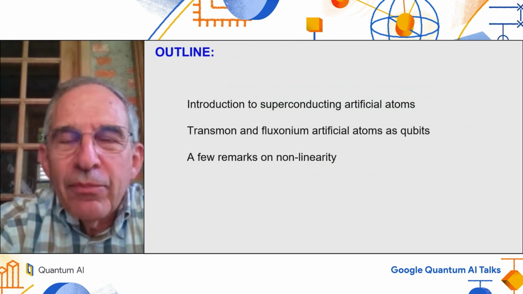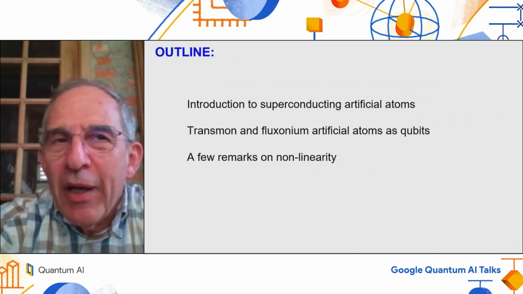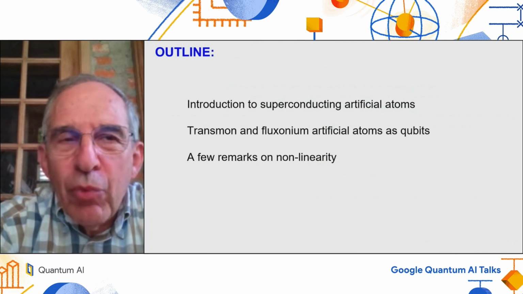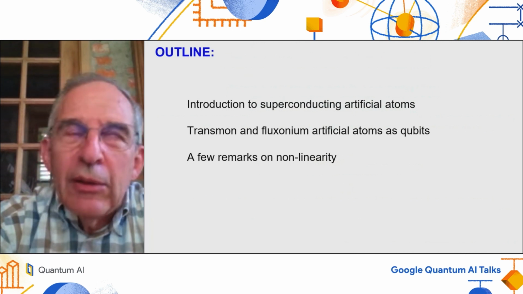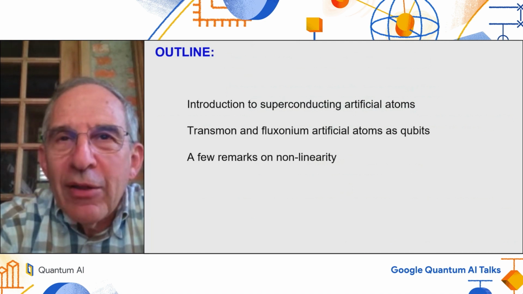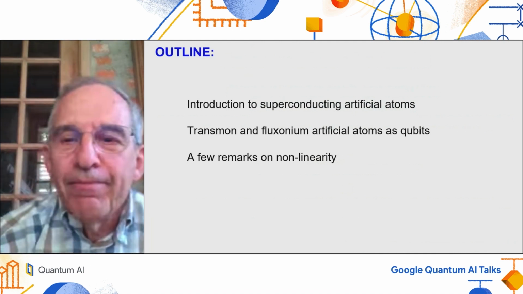And then I will explain what are the most popular atoms, the Transmon and fluxonium, and explain briefly how they work as qubits and compare them. And then I will end with a few remarks on, well, how should we choose our artificial atom? In what direction should we go to optimize them?